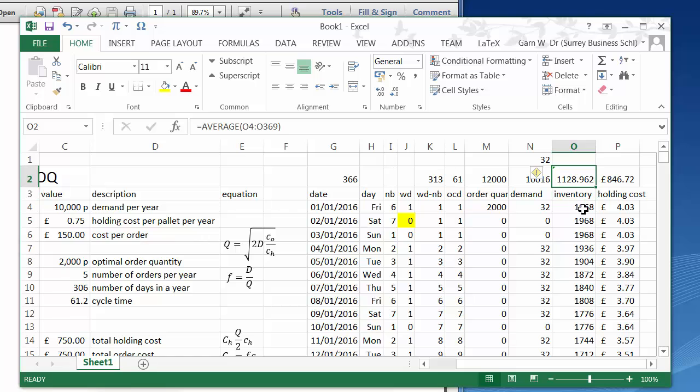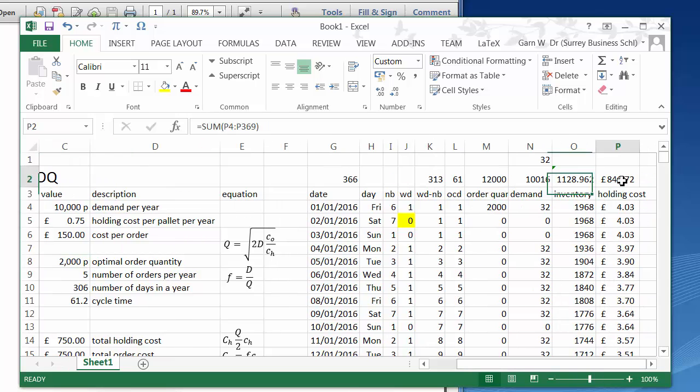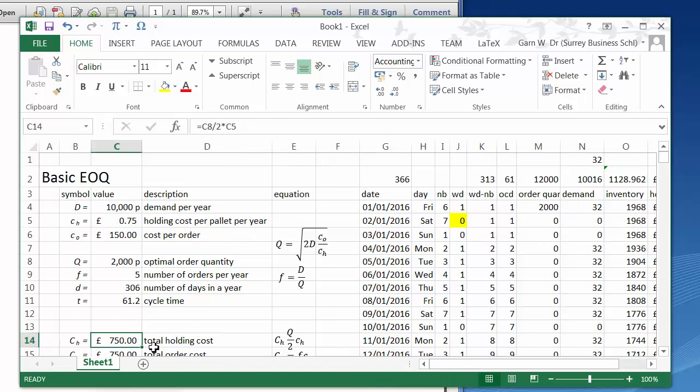Let's have a look at the average inventory. On average we have 1128, not quite Q half, but almost. 846 pounds, not quite 750 pounds, but almost. Could we have changed that by changing our cycle time to 63 days?